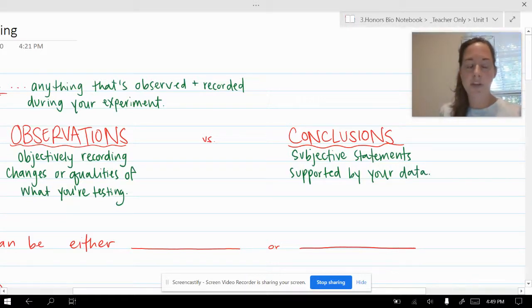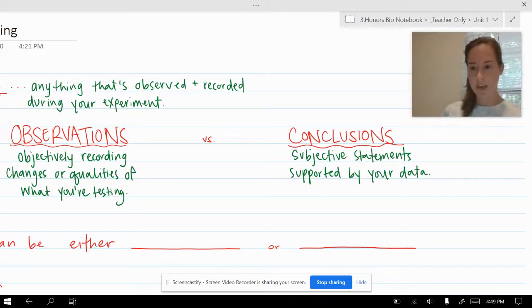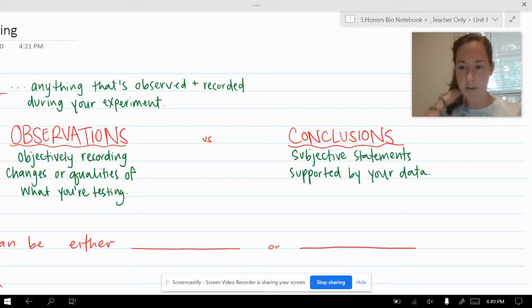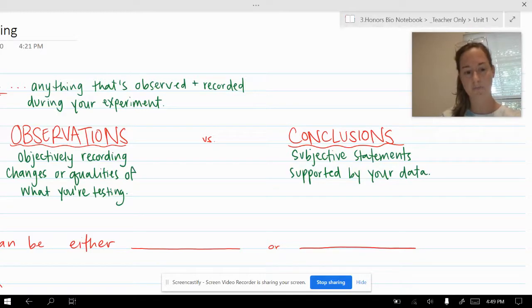So once you had measured your plant and you knew that your plant was 12 inches and you looked around and saw that all the other plants that you were measuring were 5 inches, then you could say, in conclusion, this plant is tall because compared to all of these other plants, it has several inches more of height. And then you could go into whatever you did to that plant that presumably made it so much taller than the others. So that's the difference between observations and conclusions.